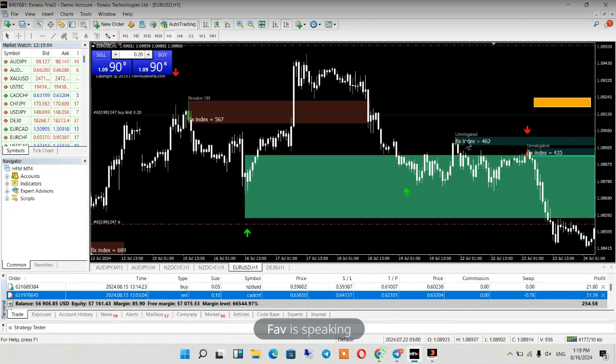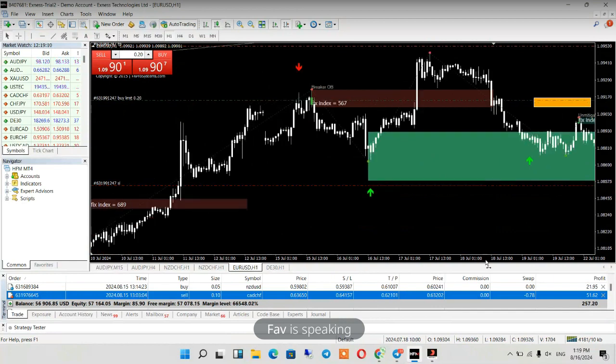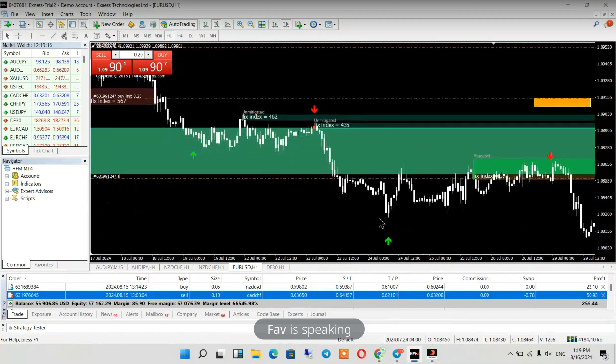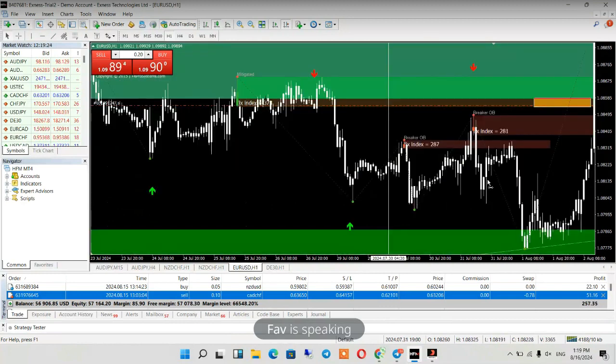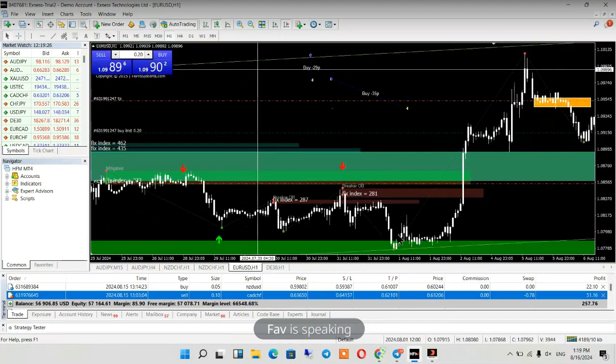There was a mitigation of another block here, an unmitigated order block here, and price went down. So price broke that place as a support. Once price has broken this place as a support, what happens next? It automatically became a resistance. See, price went down, came back, resisted, came back, resisted, and came back again, resisted, till it found another support down here.